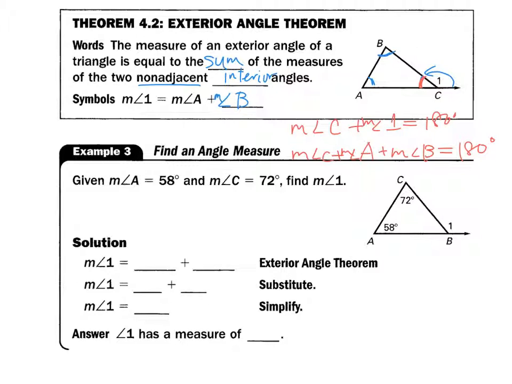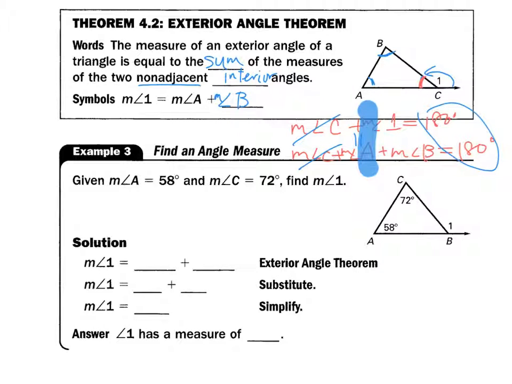And because both sums equal 180, we can draw the conclusion that these two are the same. So angle measure C plus angle measure 1 equals angle measure C plus angle measure A plus angle measure B. And if we cancel angle measure C on both sides of the equation, we draw the conclusion here, right here is our equation written vertically, that angle measure 1 equals angle measure A plus angle measure B. So that's how we came up with this theorem. That's the proof of the theorem.